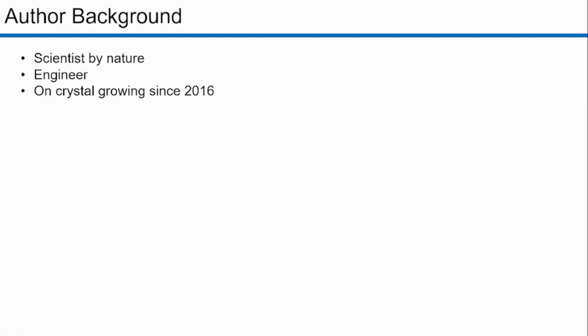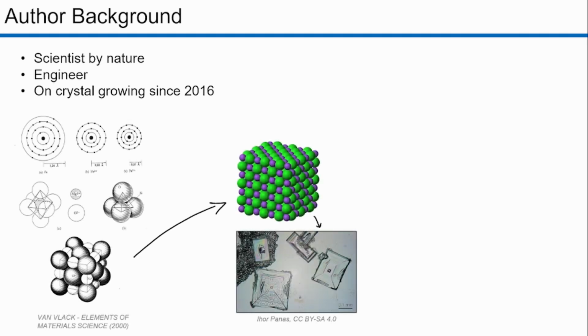So I consider myself to be a scientist by nature, meaning that I ask a lot of questions on how things work, and I really like to learn how nature works and what we can do with that. I ended up getting an engineering degree, and while I was studying material science, I came across this subject of the crystalline arrangement of atoms, and these pictures and models of sodium chloride crystals.